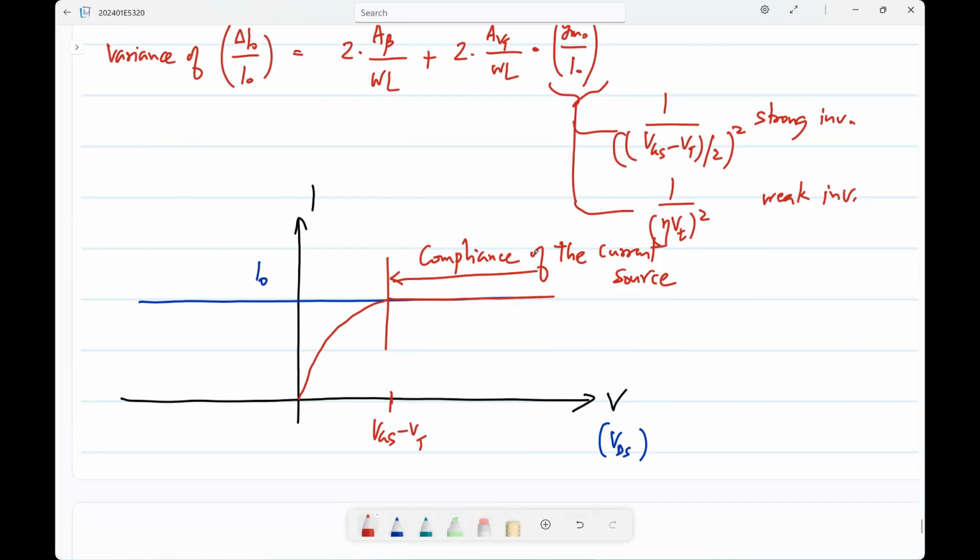And then you can tell what fraction of the current sources will be within some specification, say within 0.5% of nominal value and so on. So the point is we know how to calculate it. Now for any circuit, you should be able to calculate the effect of mismatch from small signal analysis. Any questions?